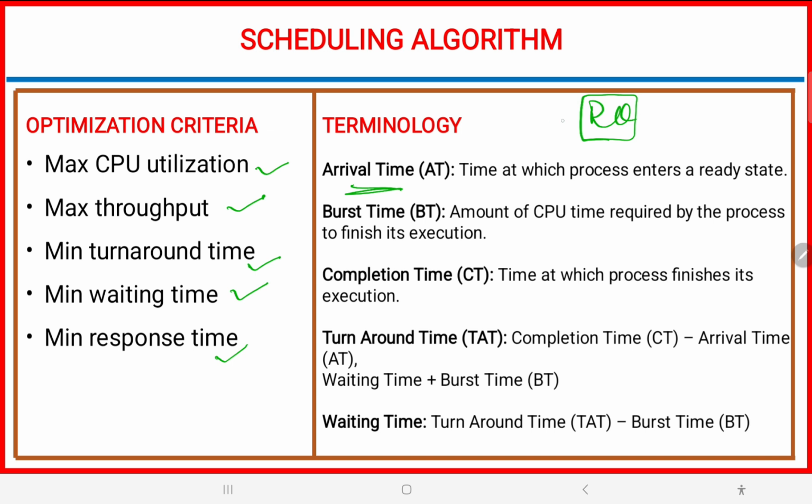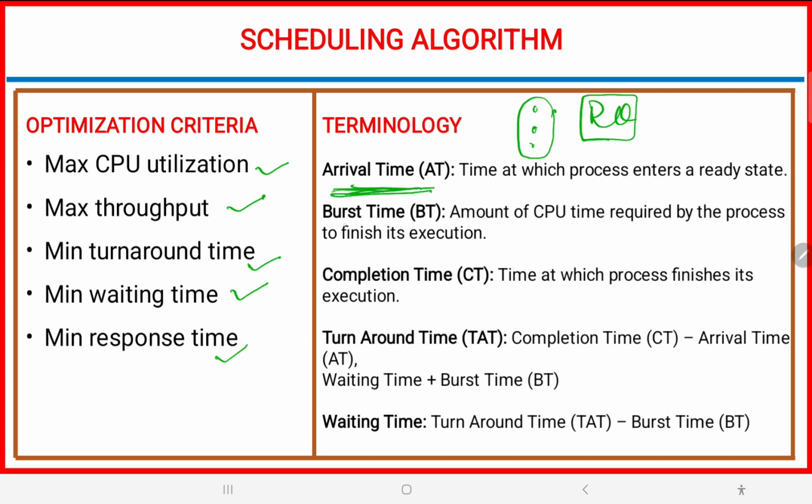The moment it enters the ready queue, that time is referred to as an arrival time. So at one time multiple processes can enter the ready queue. If multiple processes are entering the ready queue simultaneously, their arrival times will be same. Otherwise, different processes may enter the system at different times, so accordingly, their arrival times will be different.